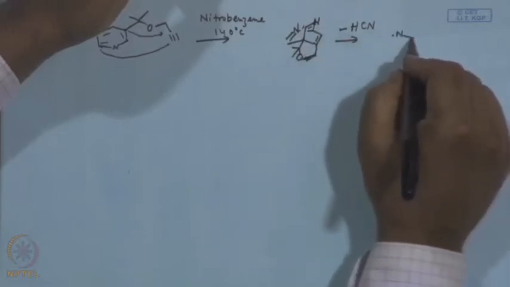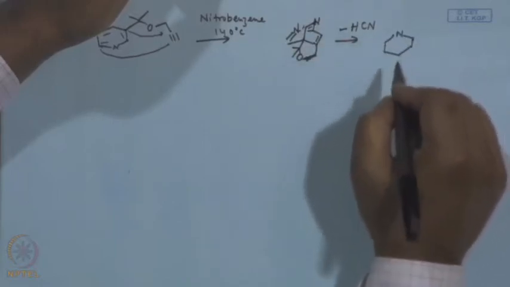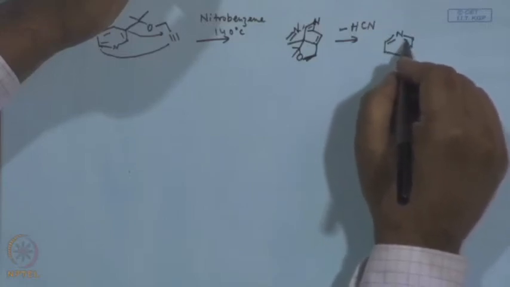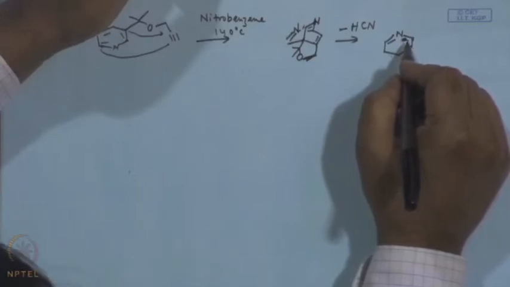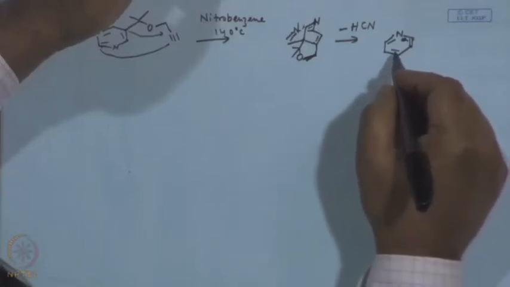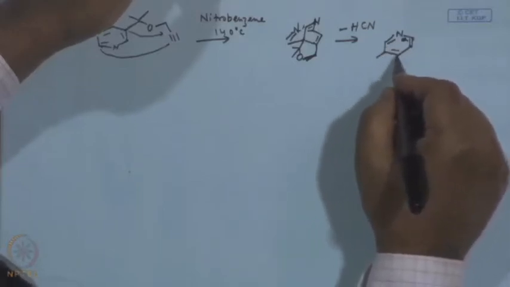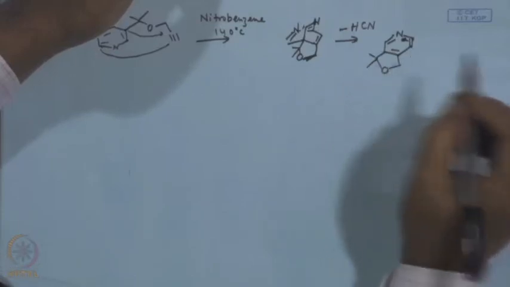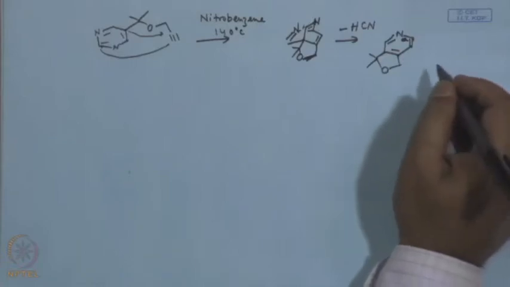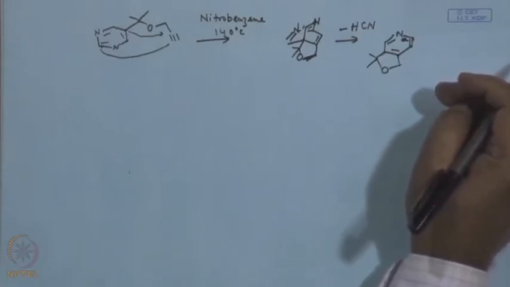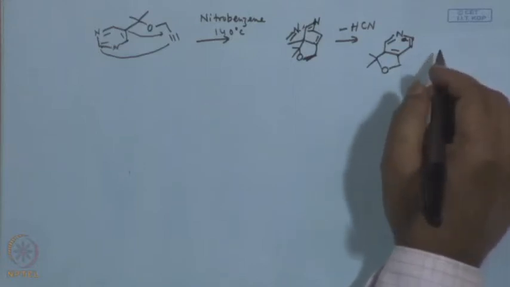So, HCN is lost, then what you will see is 1, 2, 3, 4, 5, 6. So, it is again a 6-membered ring, a pyridine nucleus, and 1, 3. So, you will have oxygen and this. So, you will have this, so a furopyridine, pure furopyridine.